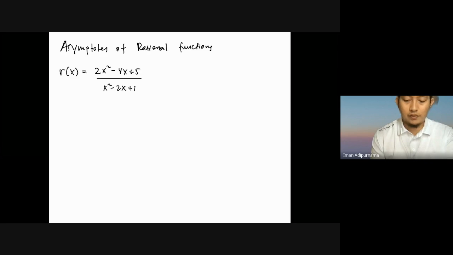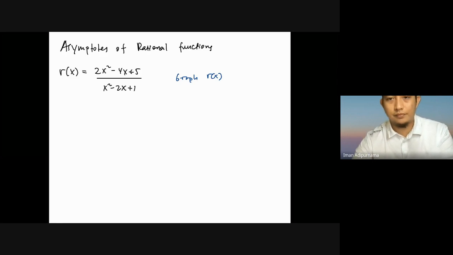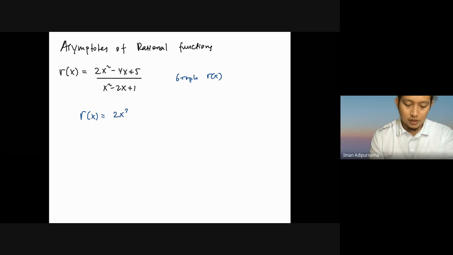Let's say you need to graph R(x). First, we can look at this function. Let me write the top equation as it is.